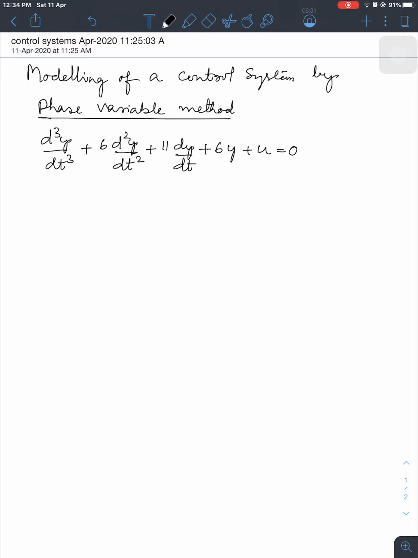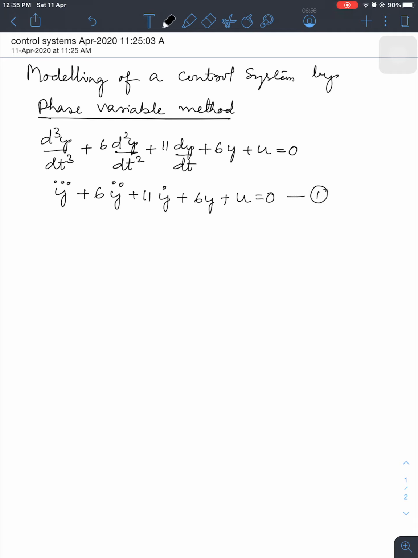This equation can also be written as y triple dot, that is the third derivative, plus 6y double dot, the number of dots indicate the order of the derivative, plus 11y dot, that is first derivative, plus 6y plus u equal to 0. We will call this equation 1.